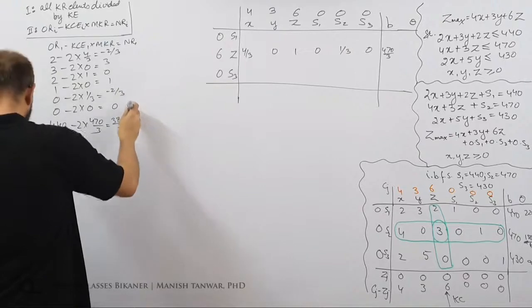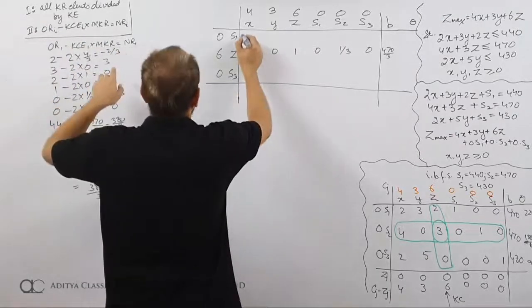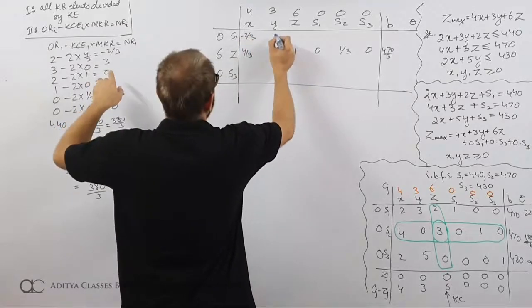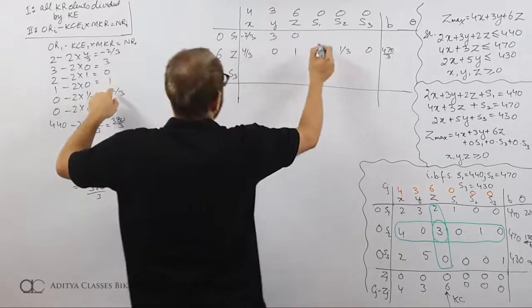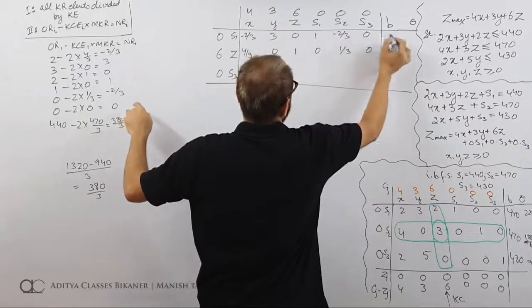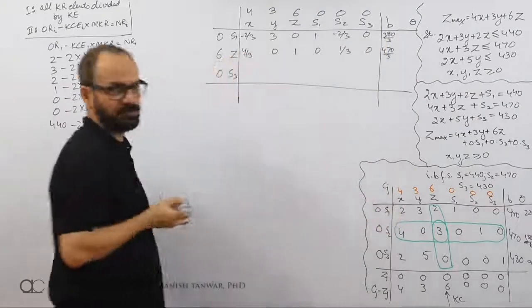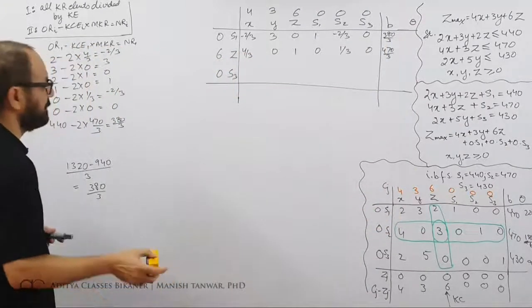Minus 2 by 3, 3, 0, 1, minus 2 by 3, 0, 380 by 3. This is exactly what we are getting. This was the transfer of the first row. Now I need to transfer my third row.